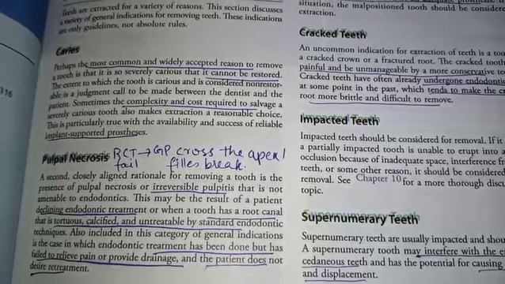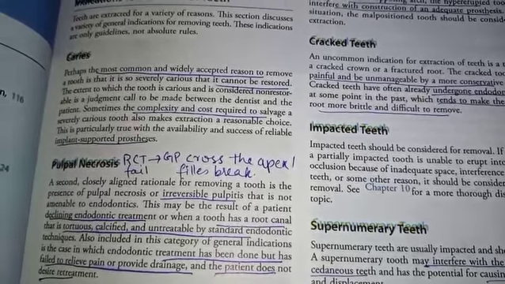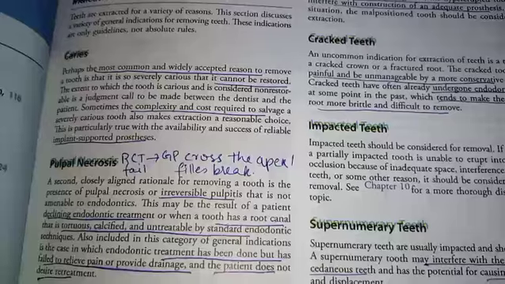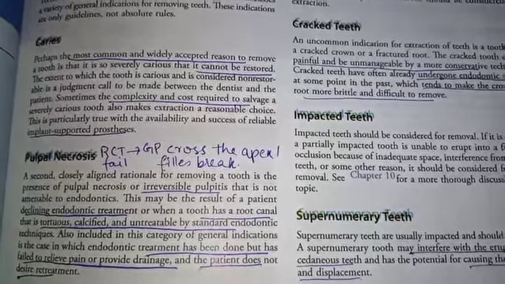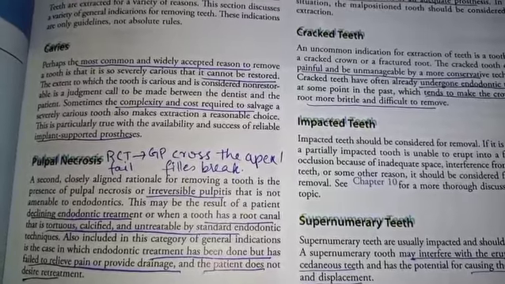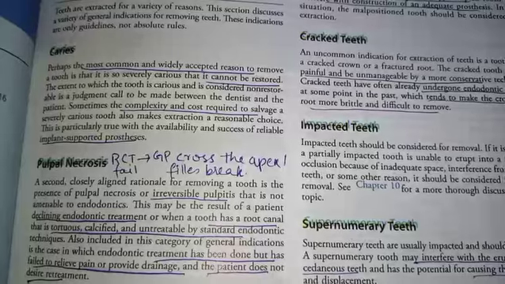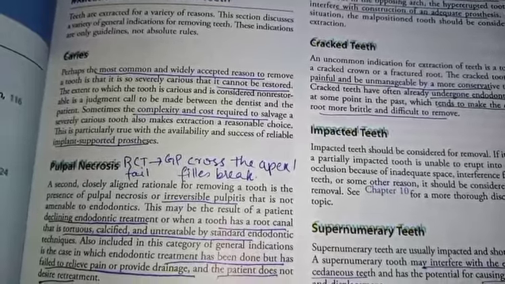If the crack line is crossing the furcation area, then the tooth should be extracted. That is a very important point. Okay, if the tooth is cracked like this, it is known as cracked tooth syndrome.